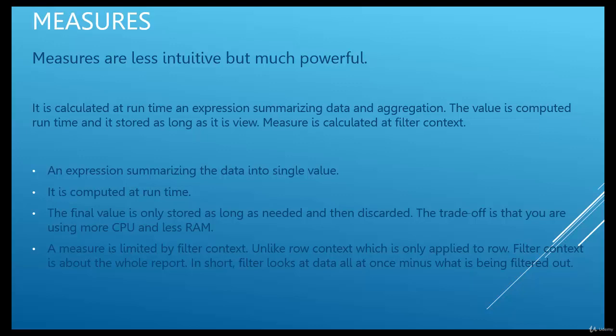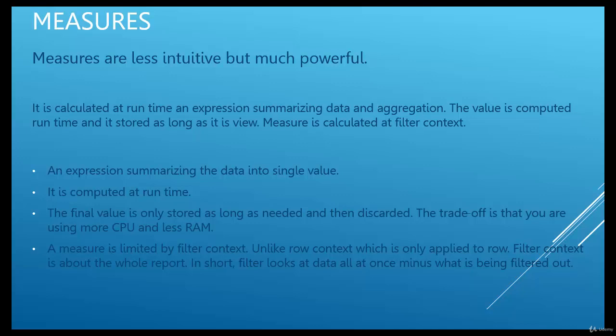Whenever you close the file, that view is gone, and when you open it, it is calculated at runtime. Calculated columns do not refresh when you open the data unless you refresh the data. But measures are very dynamic and are calculated in filter context.